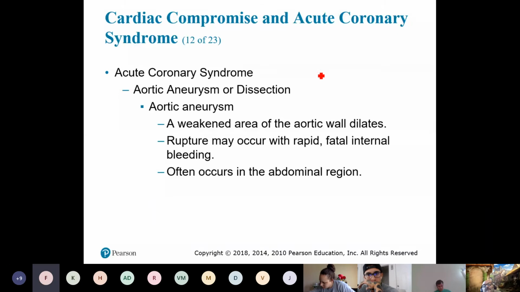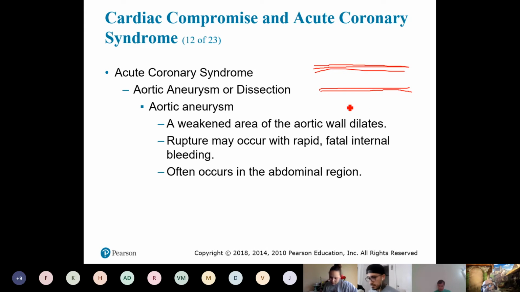All right, as far as the dissection goes, remember I said there's layers? So what happens, here's the blood flow normally, but now this got stretched and it's bleeding into here.